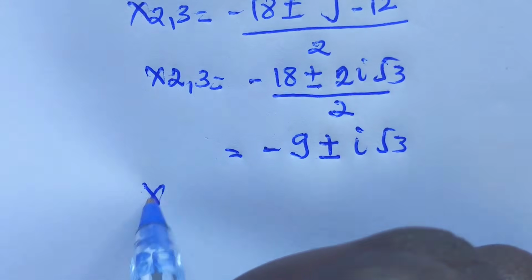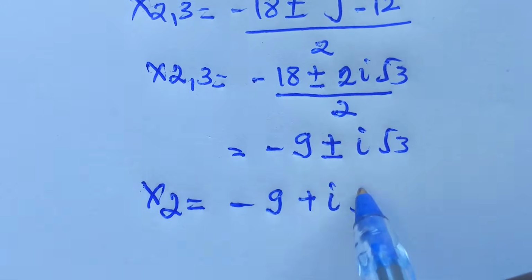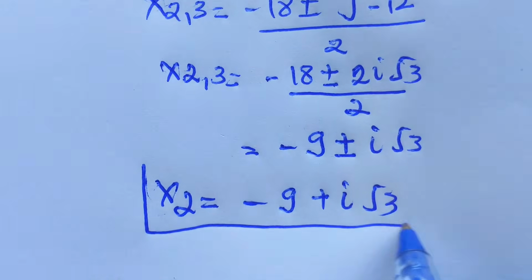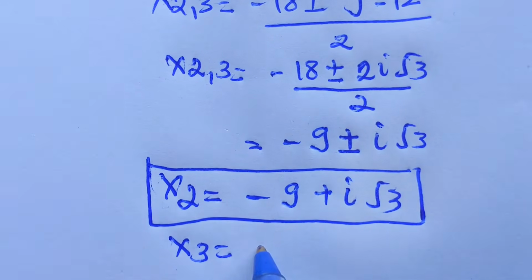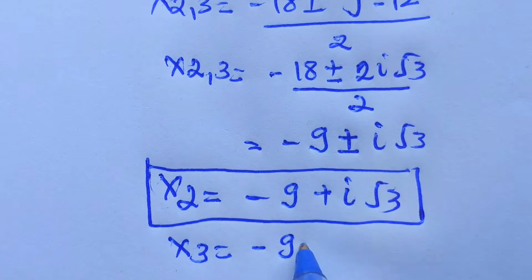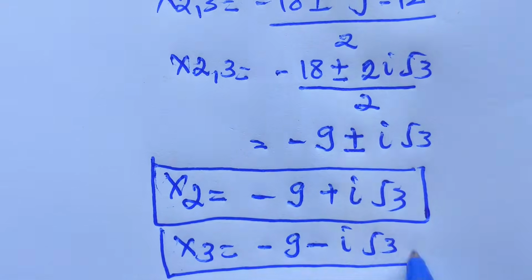So x2 is negative 9 plus i square root of 3, and x3 is negative 9 minus i square root of 3.